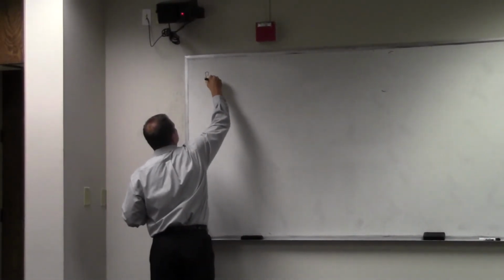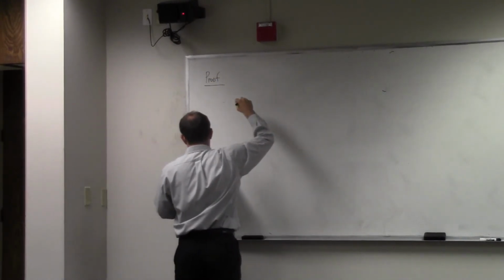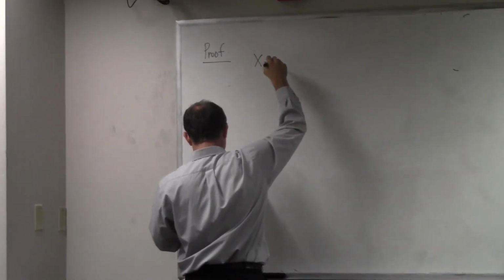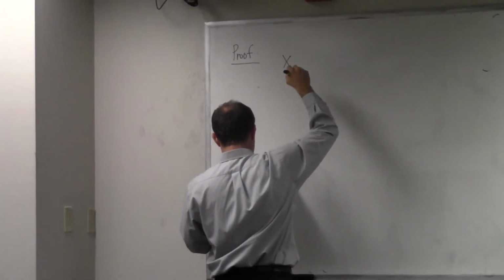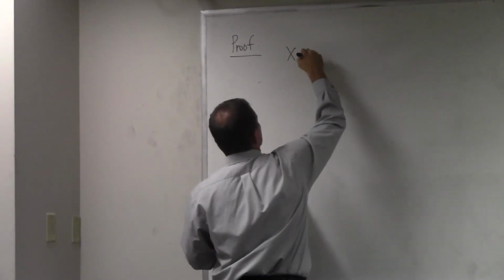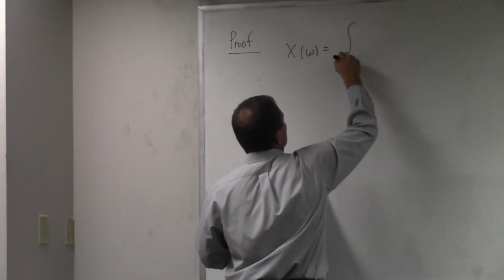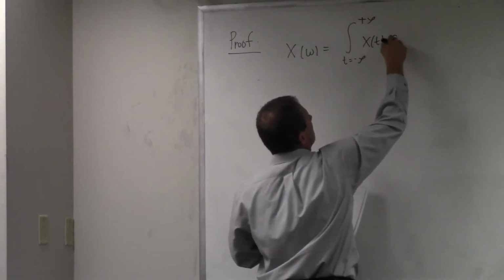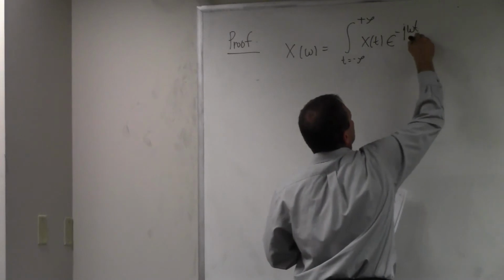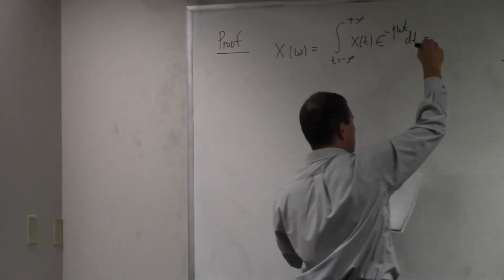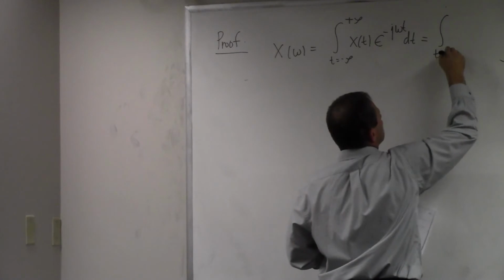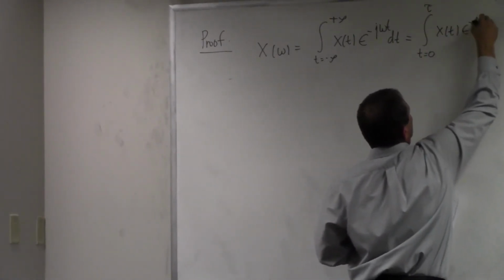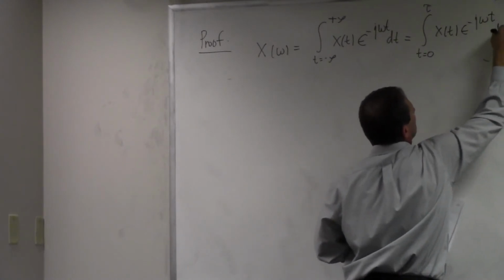So, proof. We start by saying X of omega is equal to the integral when t goes from minus infinity to plus infinity of x of t e to the minus j omega t dt, which in our case becomes an integral when t goes from 0 to tau of x of t e to the minus j omega t dt.